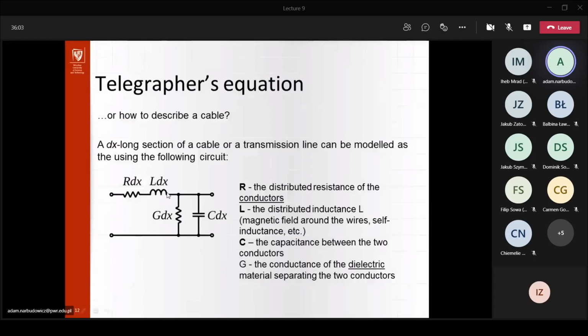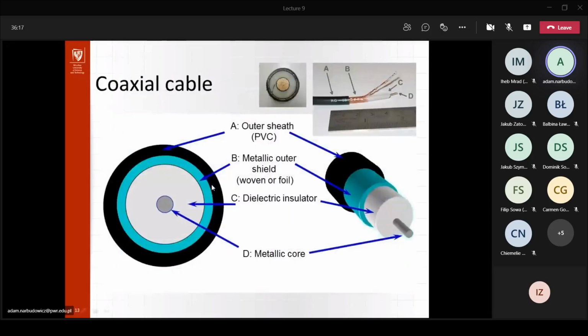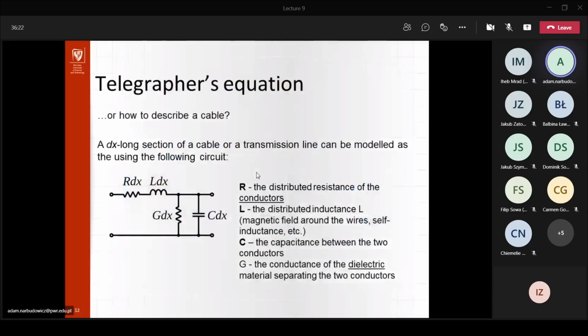So basically, we end up with our cable being modeled by an inductor in series and a capacitance in parallel, which directly corresponds to the wire consisting of two different metallizations. Is this clear so far?